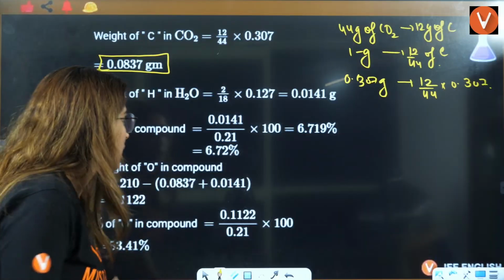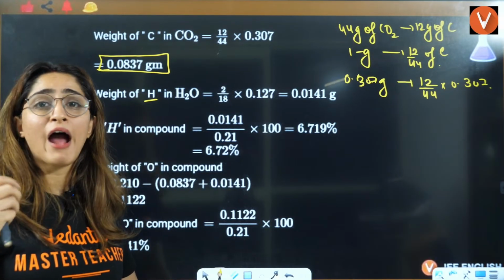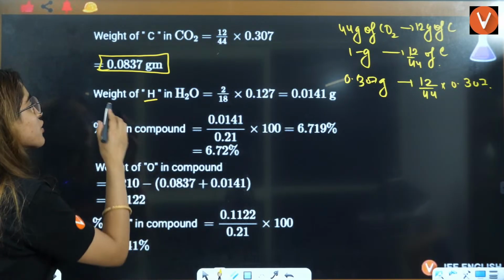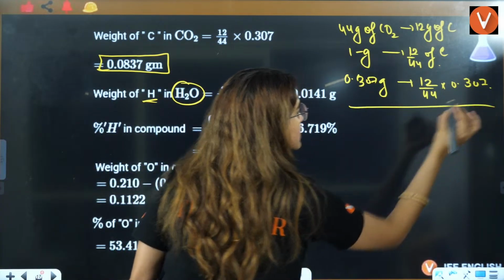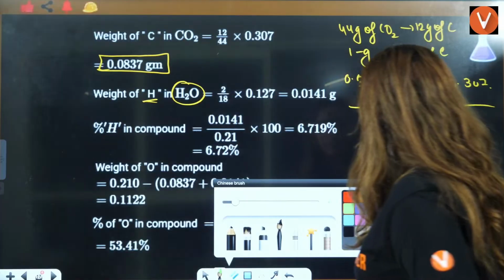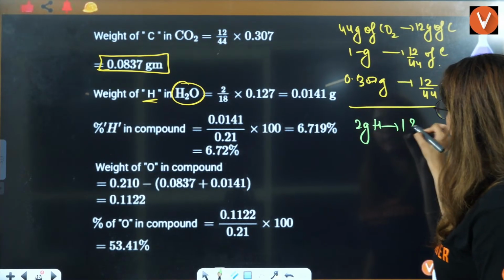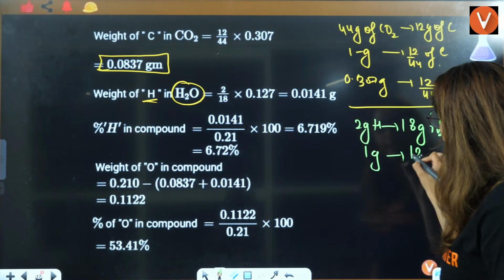Okay. Now, because in the organic compound you have hydrogen also, you should calculate hydrogen also here. So, the weight of hydrogen in this much amount. How can you calculate this hydrogen? Simply by saying that 2 gram of hydrogen is in 18 gram of water. 1 gram of hydrogen will be 18 by 2.